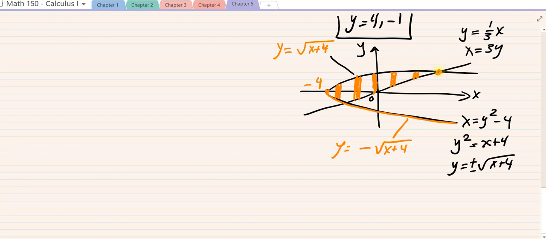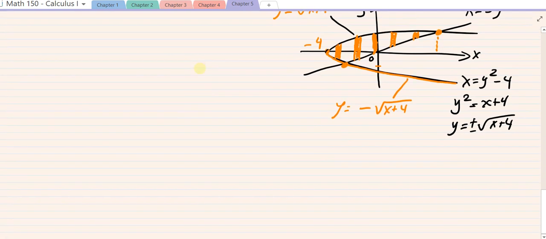The points of intersection, we already found those. This one was y = -1, and this one was 4. Now the limits of integration for x run along the x-axis. Our limit is going to go from -4, and the rectangles stop right in here, at that point. What is the x value at that point?